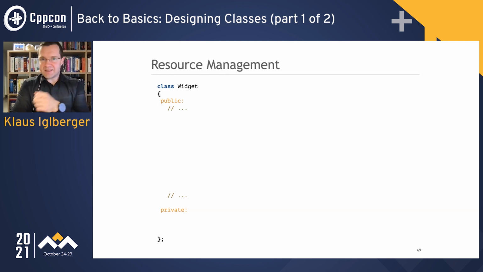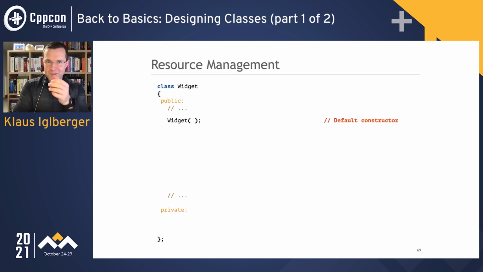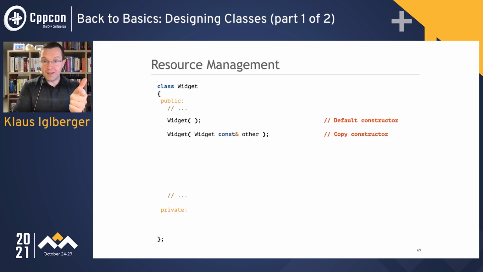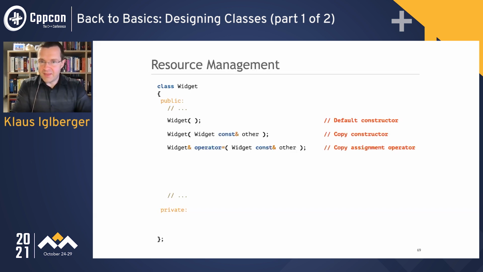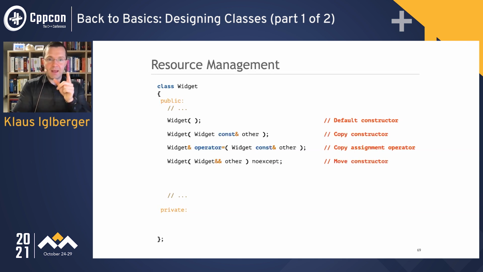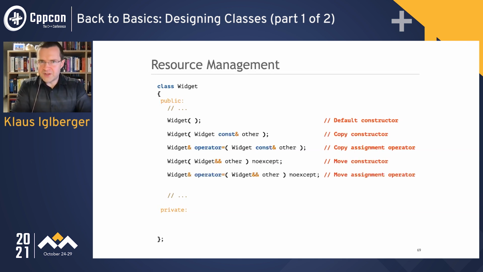It's just some class that, first of all, as a repetition, has the six special member functions: the default constructor, the copy constructor, the copy assignment operator, the move constructor, the move assignment operator, and the destructor. That is the six that we will talk about a little bit.